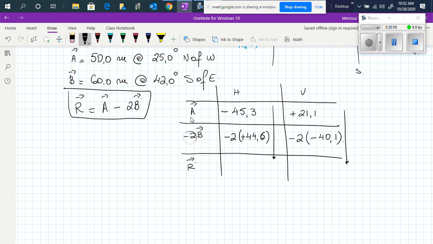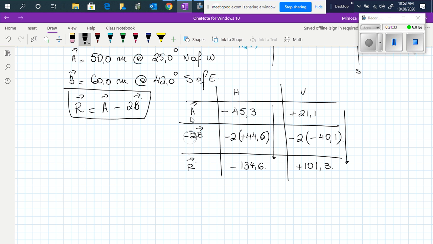So negative 44.3 minus 2 times positive 44.6 is equal to negative 134.6, and the vertical component will be 21.1 minus 2 times negative 40.1, and this will be positive 101.3.